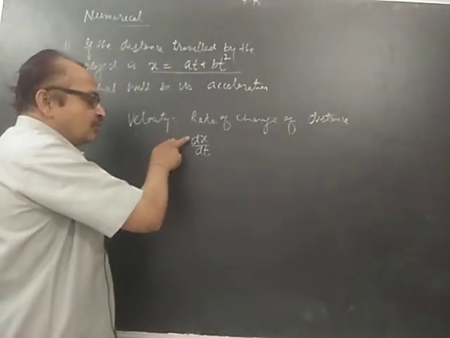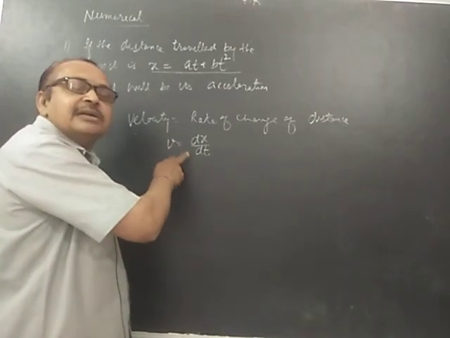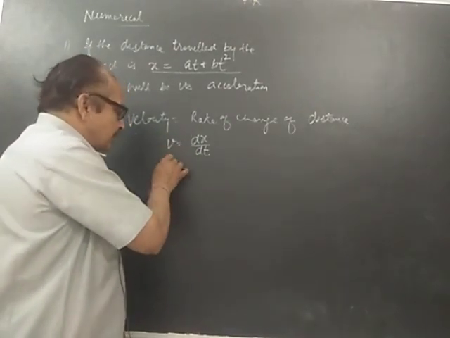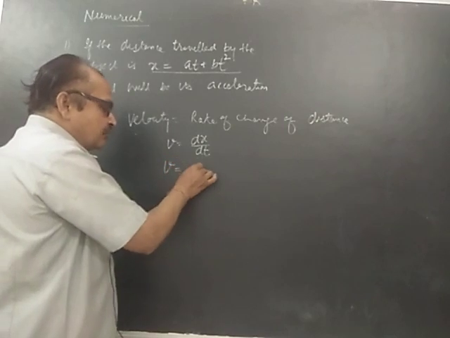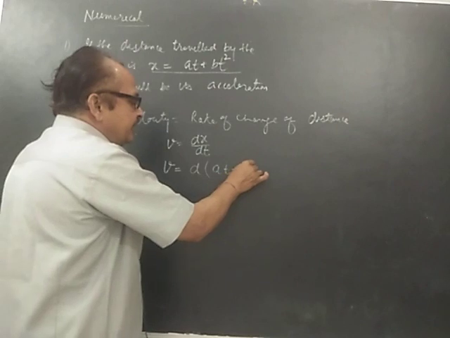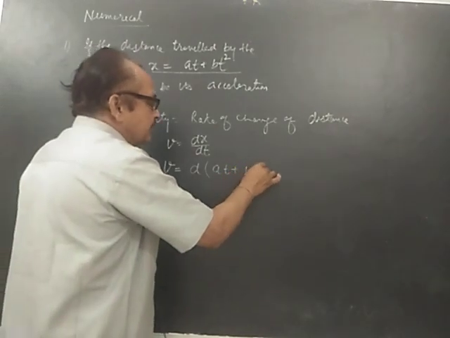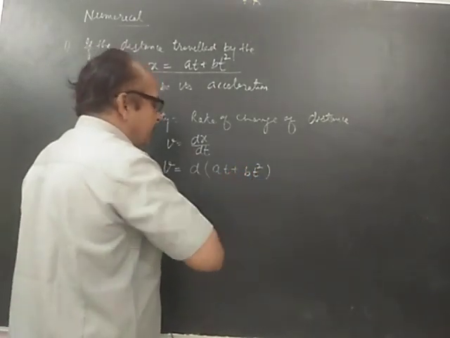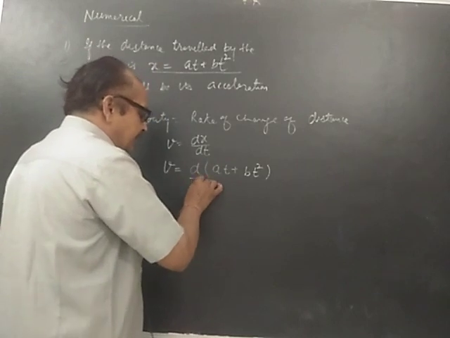So v is equal to dx by dt. That means v is equal to d of (at plus bt square) by dt.